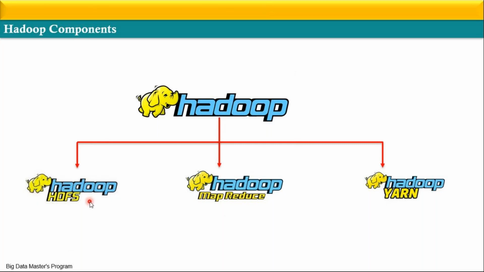HDFS was the solution in order to store huge amounts of data. And so far we have discussed HDFS only. Say how to move a particular file into HDFS, how to create a directory inside HDFS, and how to get the data from HDFS.